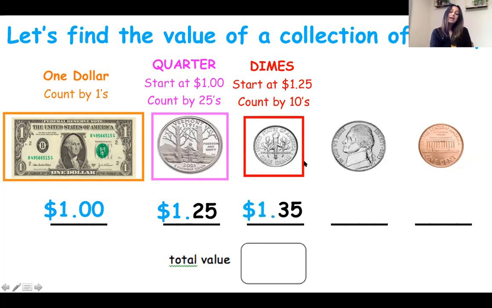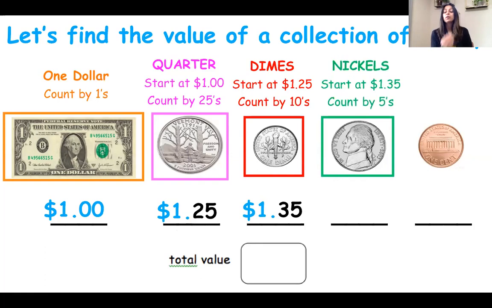$1.35. Now we switch coins. We have to skip count by something else. This is a nickel and it's worth 5 cents. So now we're gonna start at $1.35 and we're gonna count by fives. So $1.35, $1.40. Very nice.